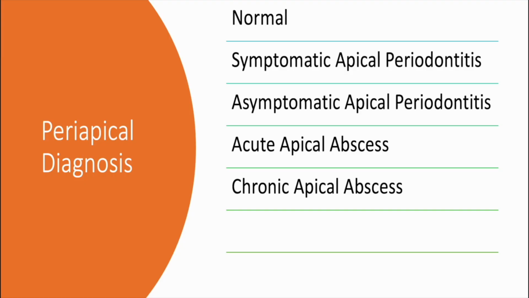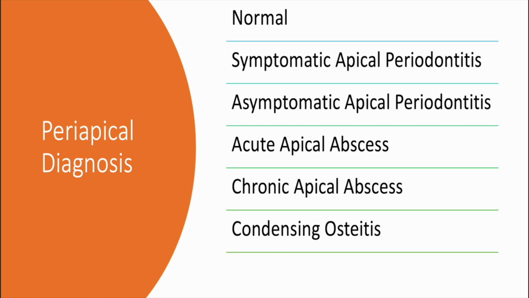So every time there is abscess, it's just draining out into the oral cavity from the buccal vestibule or from the lingual side. So that's the chronic apical abscess. It is not painful, it is not extremely discomforting, but it is something that you need a treatment for as soon as possible.